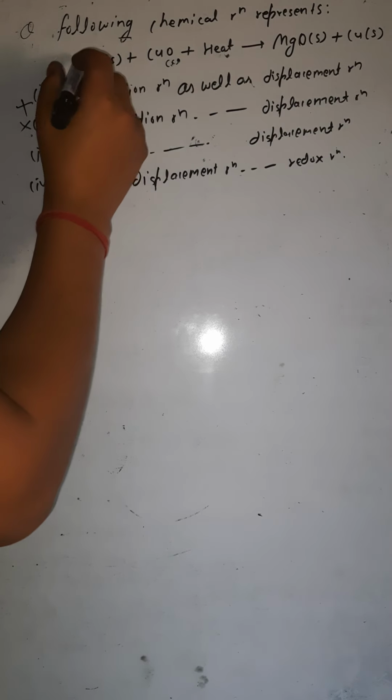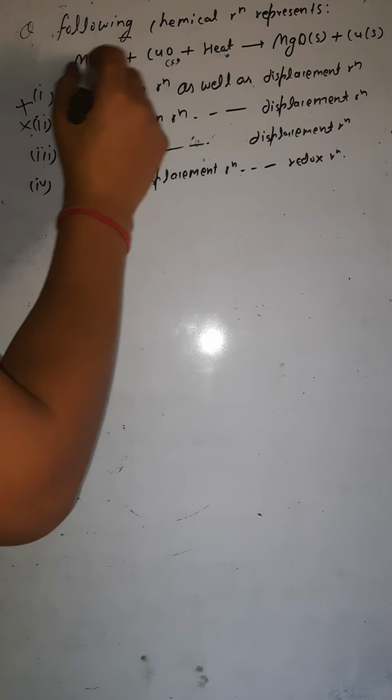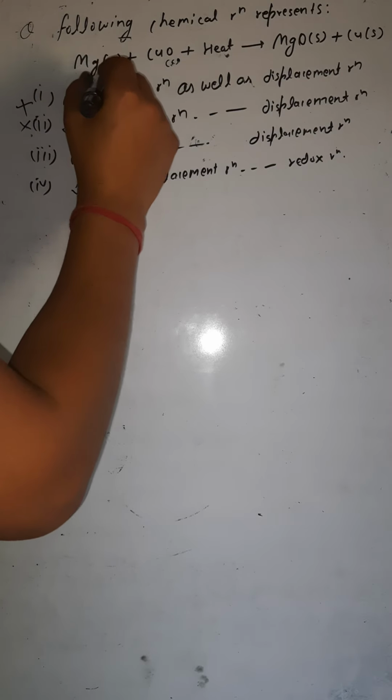Magnesium here is alone, and now you can see magnesium is becoming magnesium oxide. So there is addition of oxygen to magnesium. Where there is addition of oxygen, you say oxidation is taking place. Magnesium is being oxidized to magnesium oxide. So yes, oxidation is taking place here.